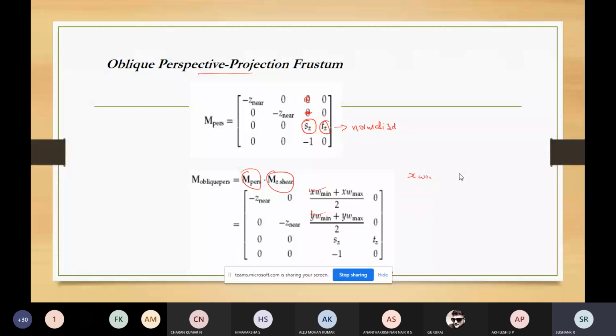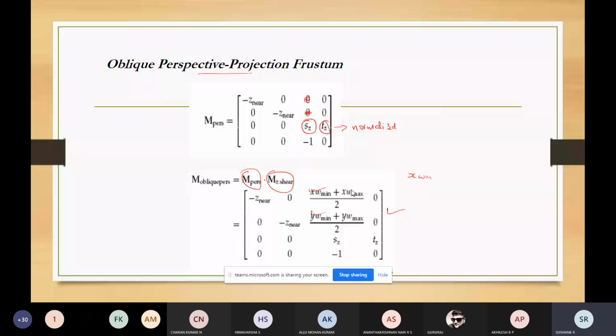So this is the simplified one. Why are we using this matrix, or what is the usage of this matrix? It will produce a perspective projection view matrix without making any sacrifice with respect to the flexibility. So without making any changes to the flexibility. That is the one thing.